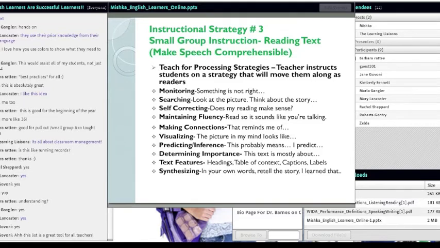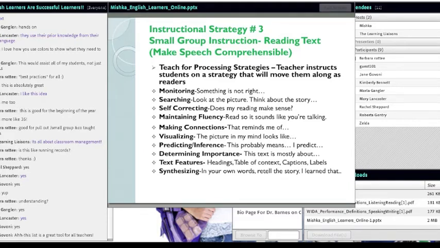So if they make a mistake, I would say, does that sound right? Is something not right about that? And then I would say, look at the picture. Think about the story. Does your reading make sense? So these are just strategies to teach the students to help them monitor their reading. Okay?